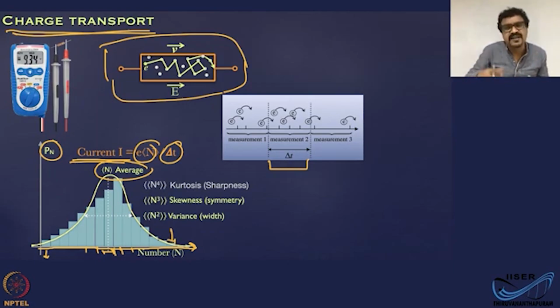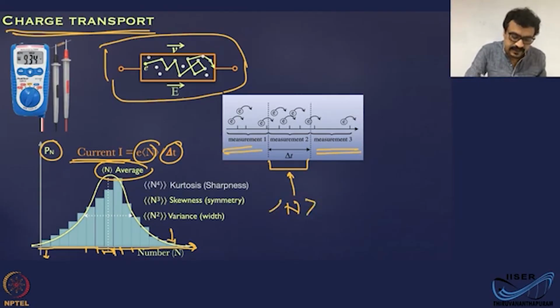If you define the voltage and the resistance value, on average, the same current flows through it. When I say same current, the number of electrons is more or less the same. But I'm not saying it is exactly the same number at every snapshot or every interval delta t. If you take measurement 1, measurement 2, measurement 3, most of the time you will be in this bracket if this is n. This n is nothing but the average number which is going through it.